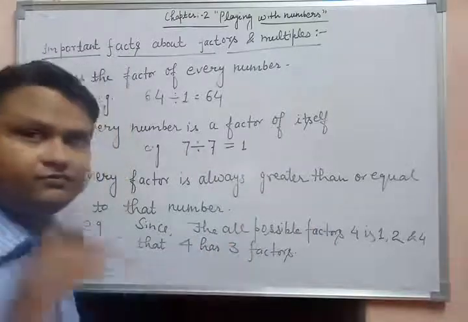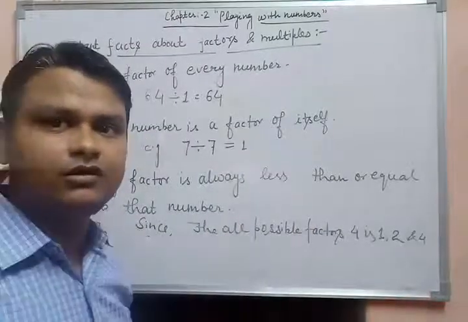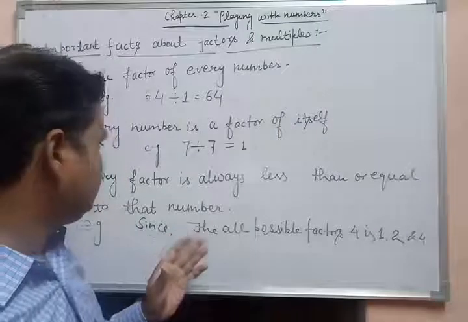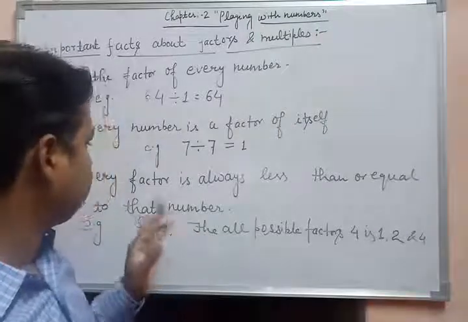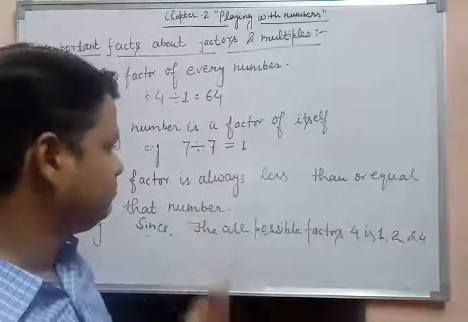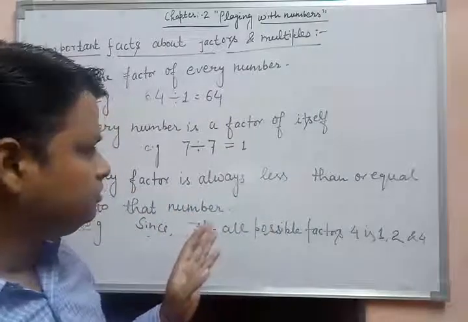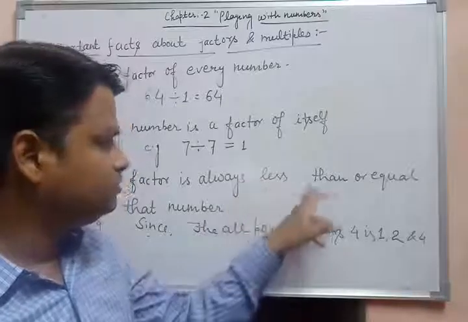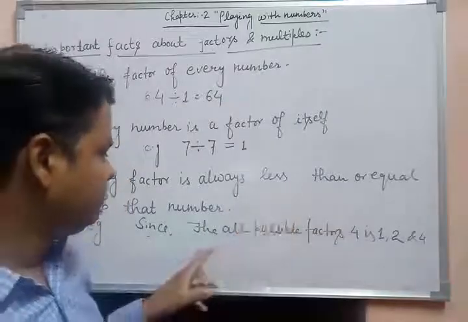Okay students? So students, there is some correction in this concept. Every factor is always less than or equal to that number. So this concept can be understood by this example.